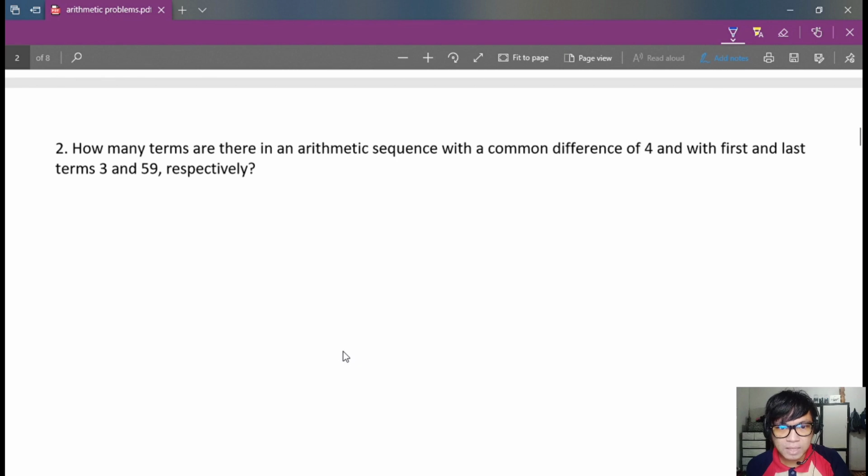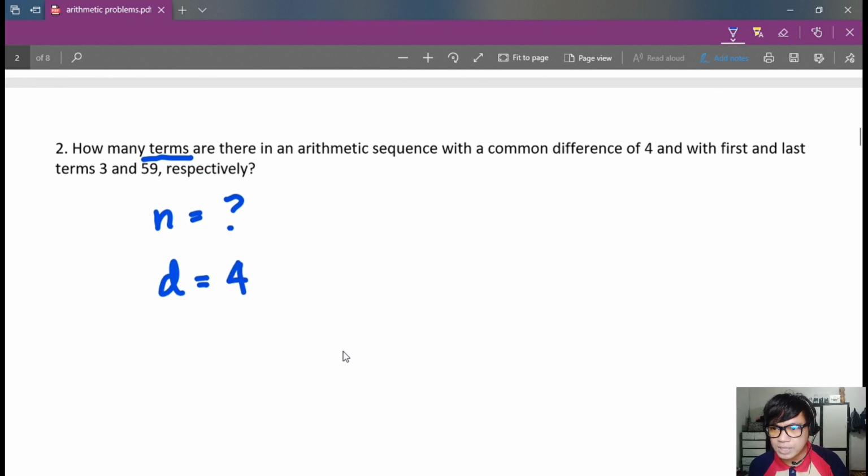Kasi terms man. So, n is missing. Hindi natin alam ang number of terms. So, yun yung hinahanap natin. Pero we have the data, the information. The common difference is 4.